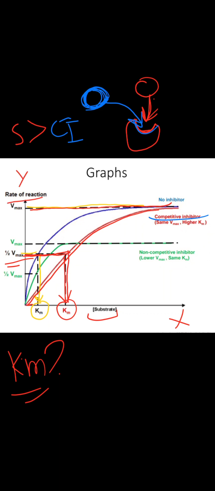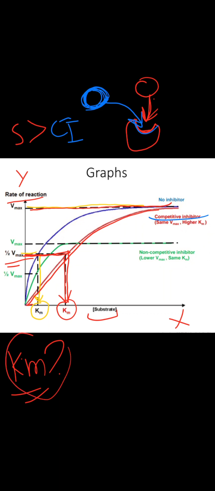Why? Now for you to understand, Km is the amount of substrate needed for 1/2 Vmax. As you can see, on the x-axis is the substrate, here is the Km, and it is with the y-axis, the rate of reaction, which is the 1/2 Vmax.